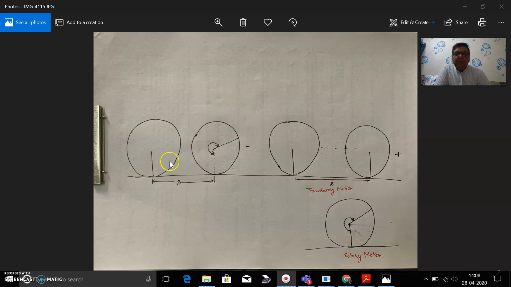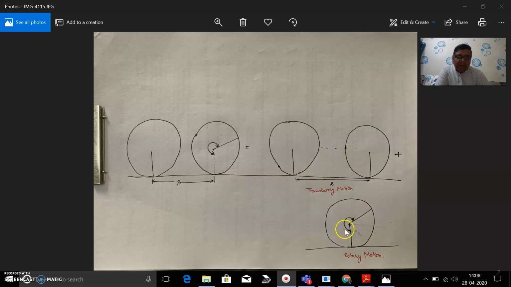Now the procedure in this type of question is to first do the translatory motion, so this circular plate just skids straight ahead.